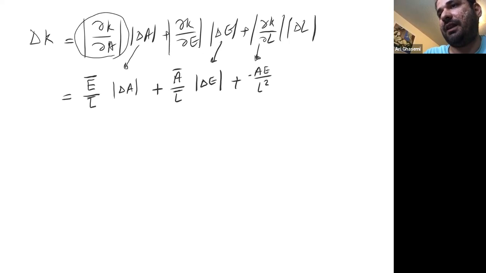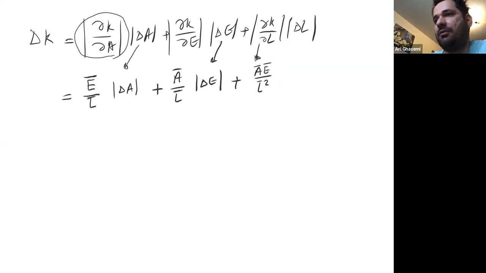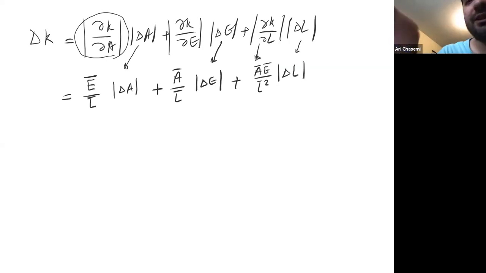Absolute value of this negative, right? And when we take an absolute value, what happens here? We get rid of that negative sign. So it becomes A bar, E bar, over L bar squared, times already absolute value delta. So that's my delta K, worst case scenario, because we put absolute values.